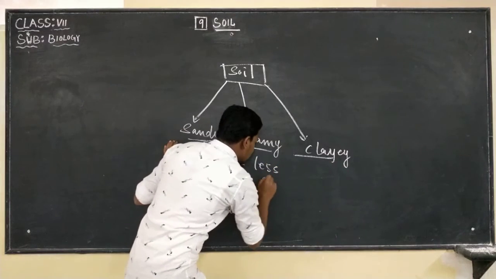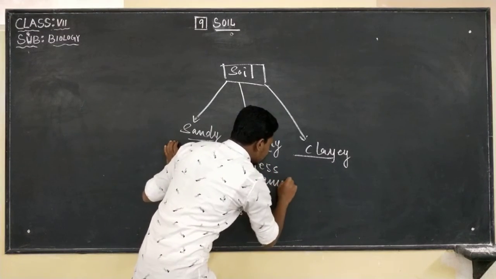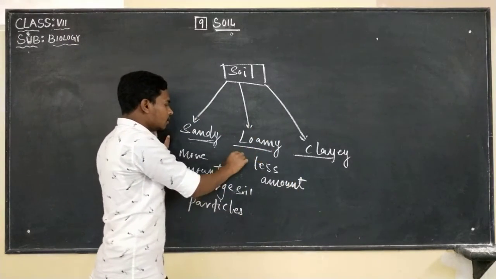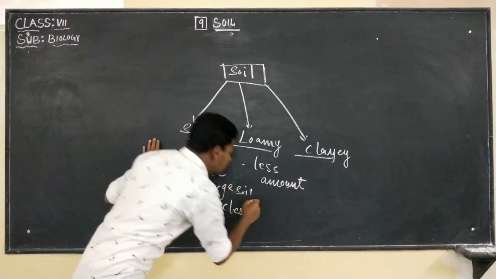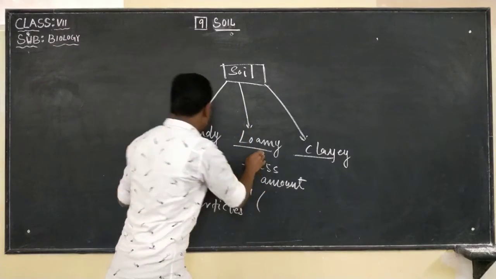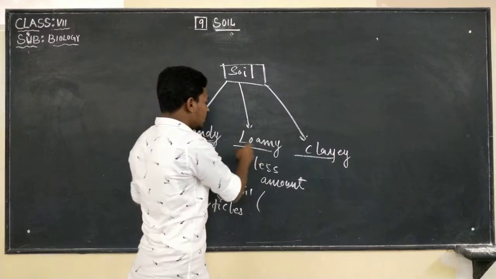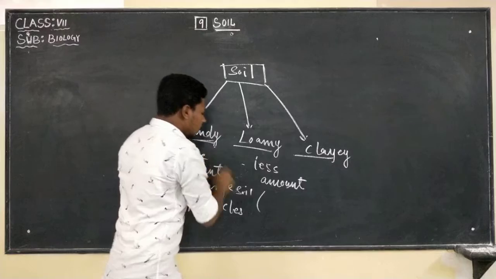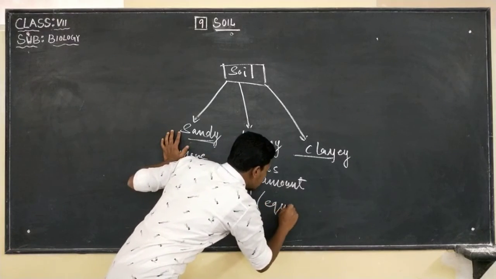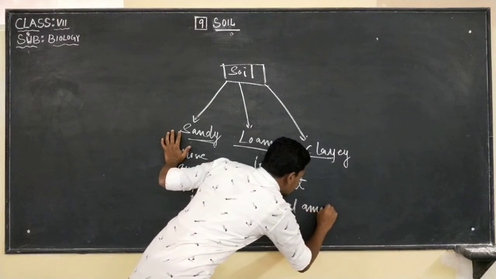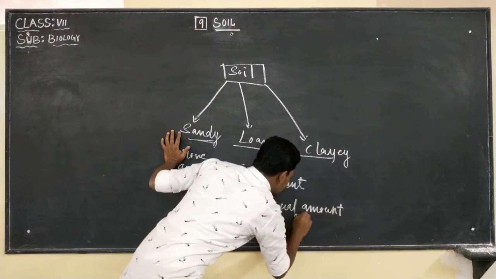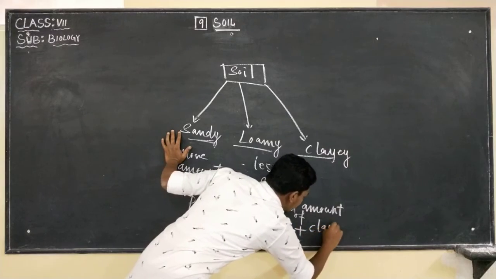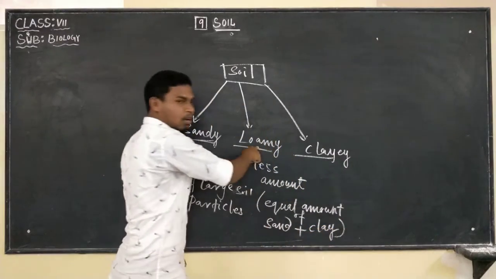And we find in loamy soil some sands. So an equal amount of sand and clay forms the loamy soil.